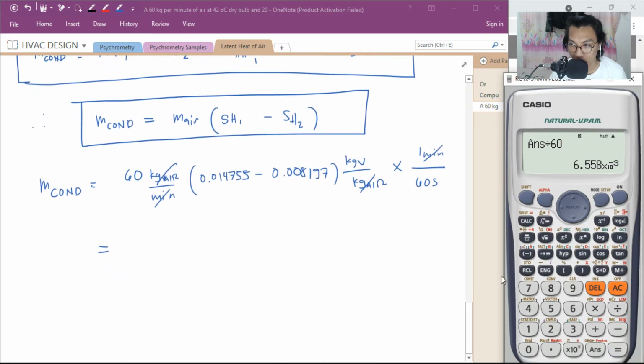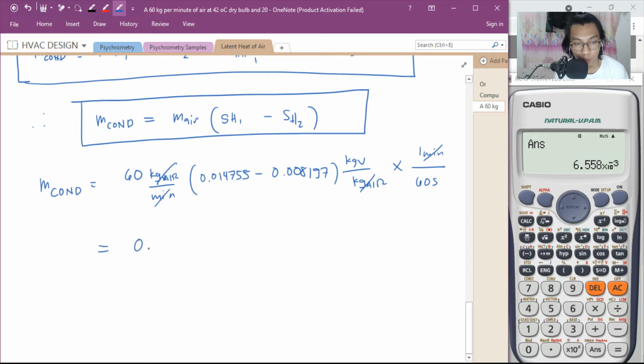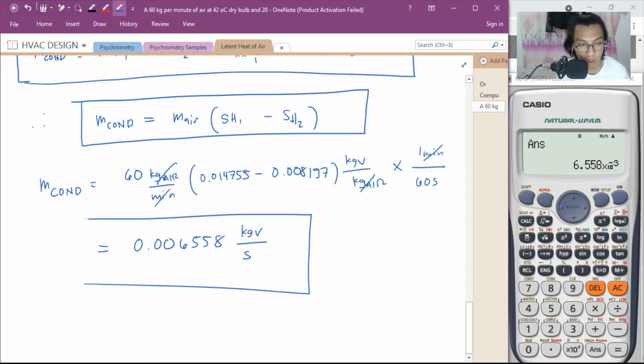So, the answer is 0.12358 kilograms of vapor in every second. That is the mass of the condensate.